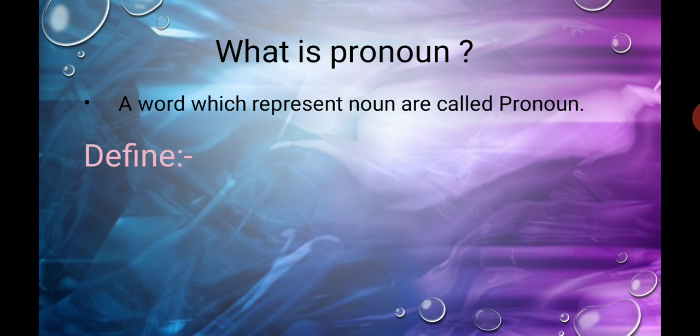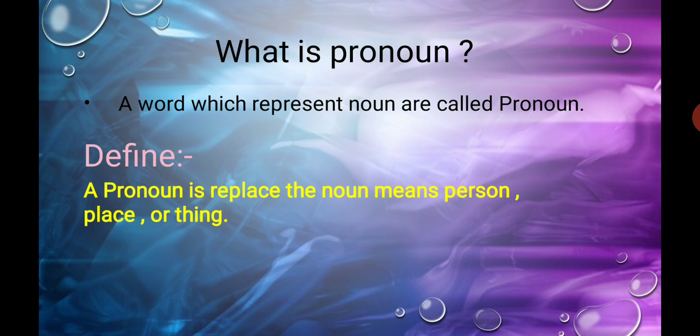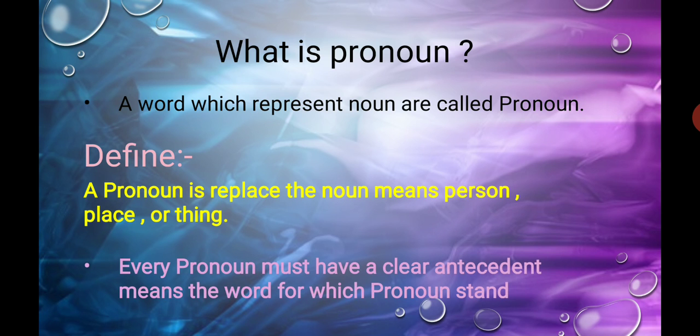Let's see the definition of pronoun. A pronoun replaces the noun, meaning a person, place or thing. It means that if we want to write another word for the name of a person, place or thing, it is called a pronoun.